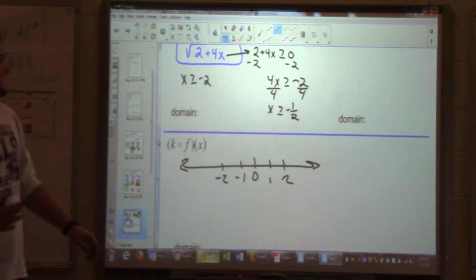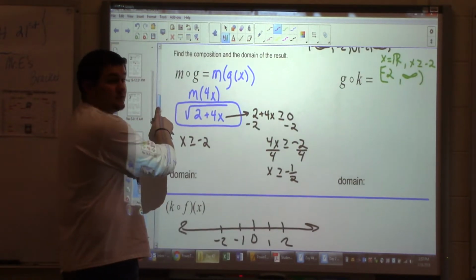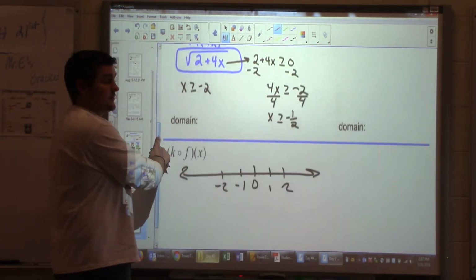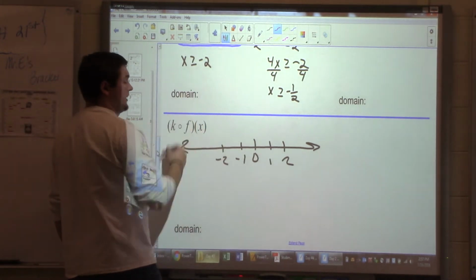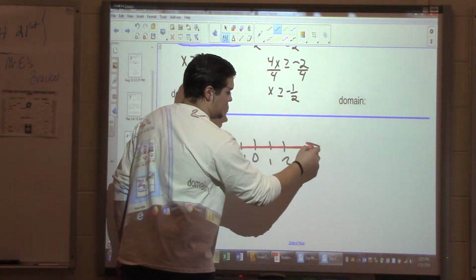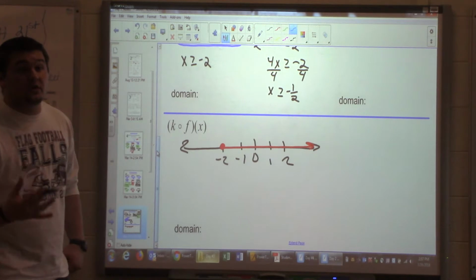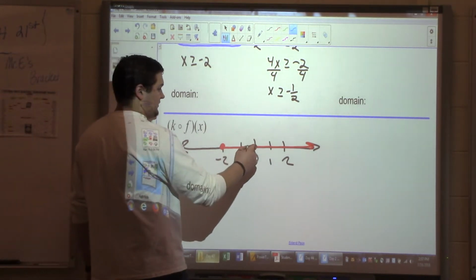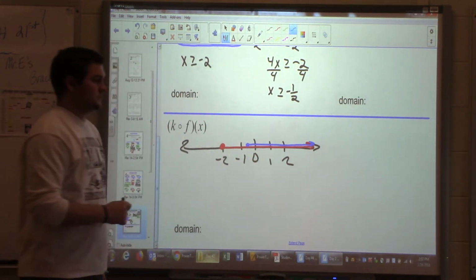I know x has to be greater than or equal to -2. We're going to skip the next one, so if you want to put your number line over there, you can. So -2 filled in, greater than or equal to, goes to the right. X is greater than or equal to -1/2. So -1/2, greater than or equal to.